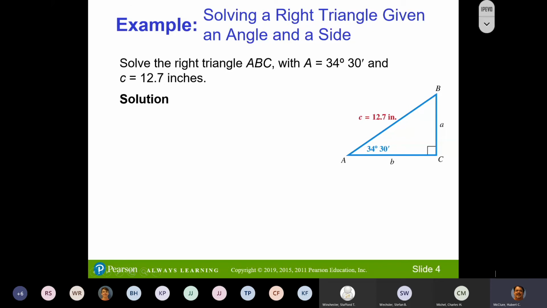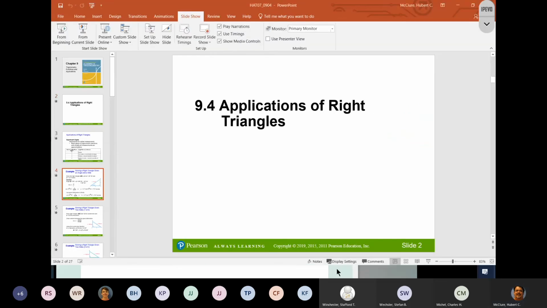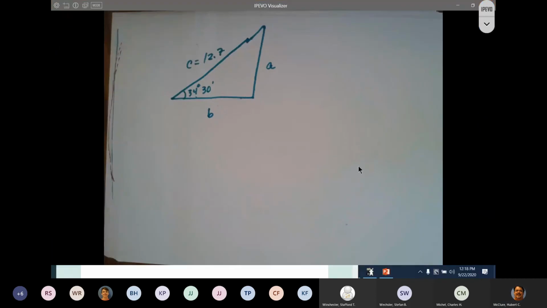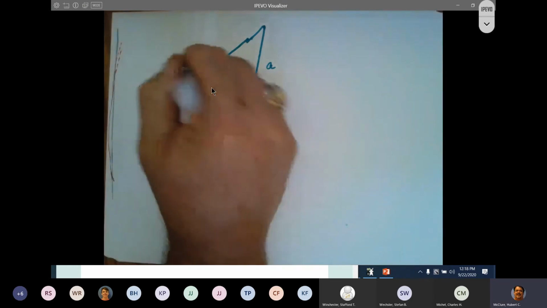Now, when you're doing a problem like this, and you have an angle, the first thing you're going to do is find out what you have beside the angle. Now, our little man is right here because they give us the angle.